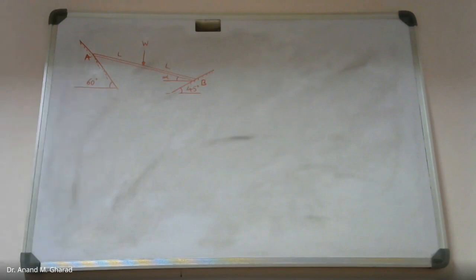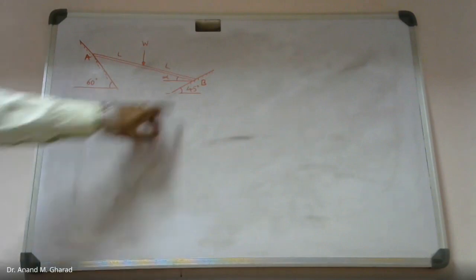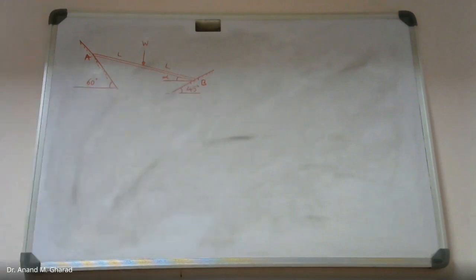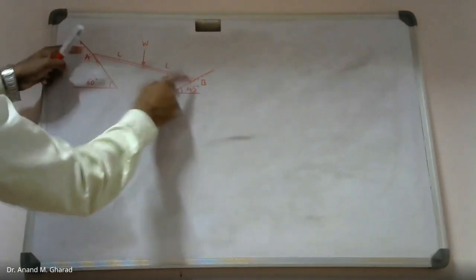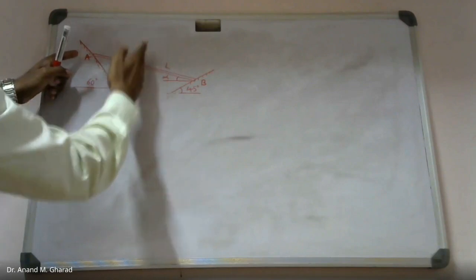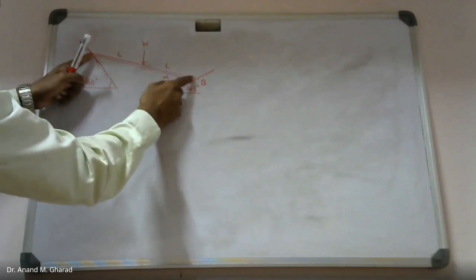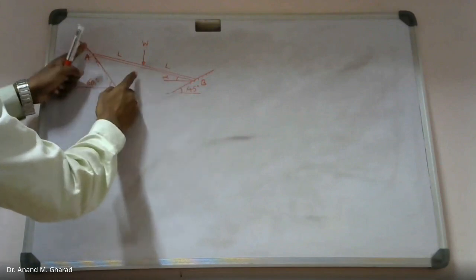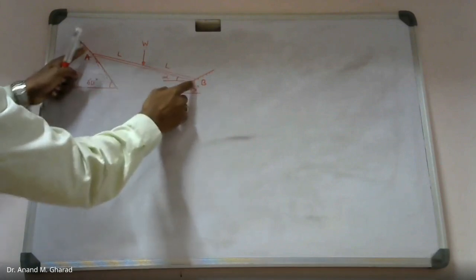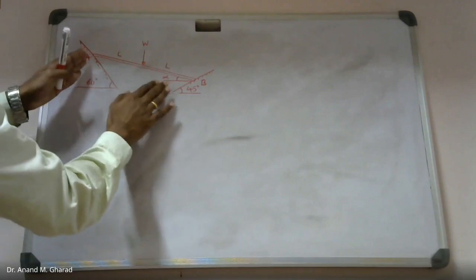It will move in the upward direction. And what about point B? Downward direction. So by virtue of this weight, point A will try to move in the upward direction, and this is a slipping tendency.